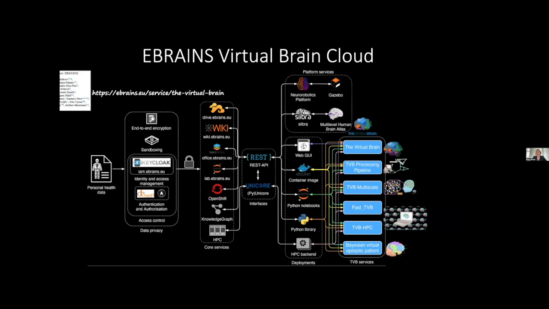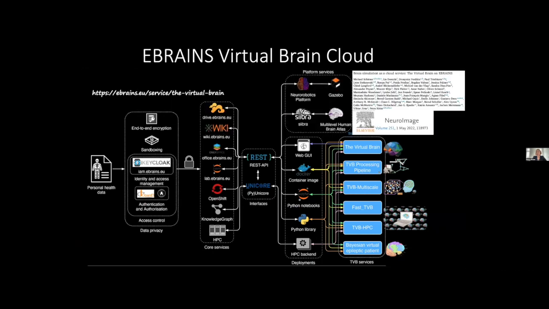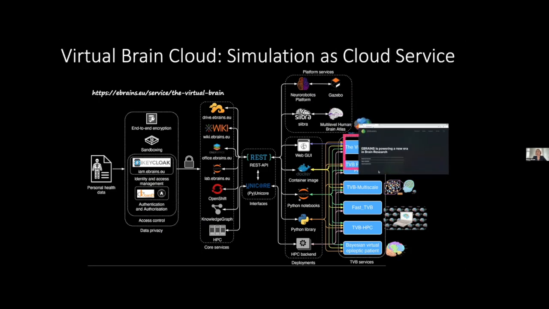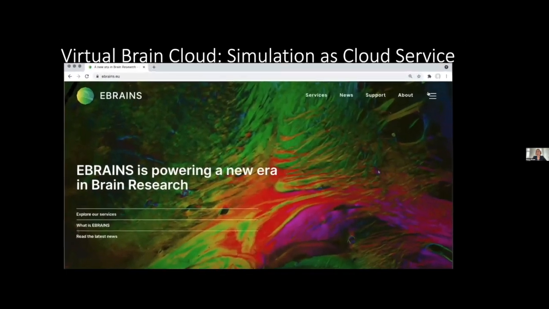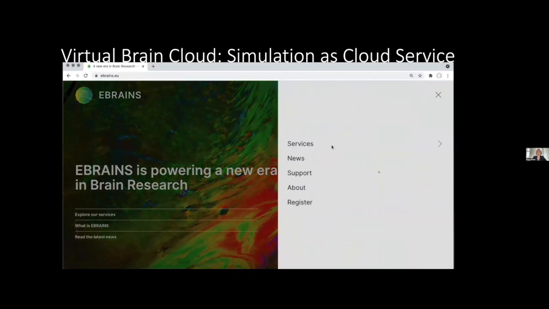And as you will also see, they are fully integrated with the core functionalities of the EBRAINS platform. You find that these resources are also described in detail in this new publication that came out this year. And I just show you a few highlights so that you can get an understanding how that looks like.